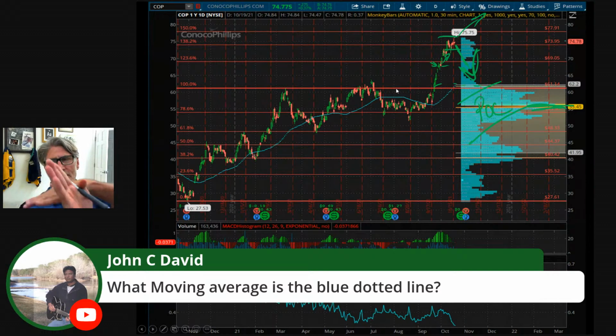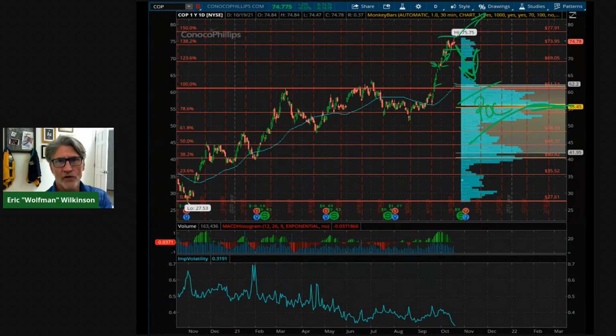And usually what that indicates is a longer duration trend reversal. If the 50-day crosses over the top of the 200-day, then usually that means it's a bullish trend. When the 50-day drops below, then that becomes a longer term bearish trend.